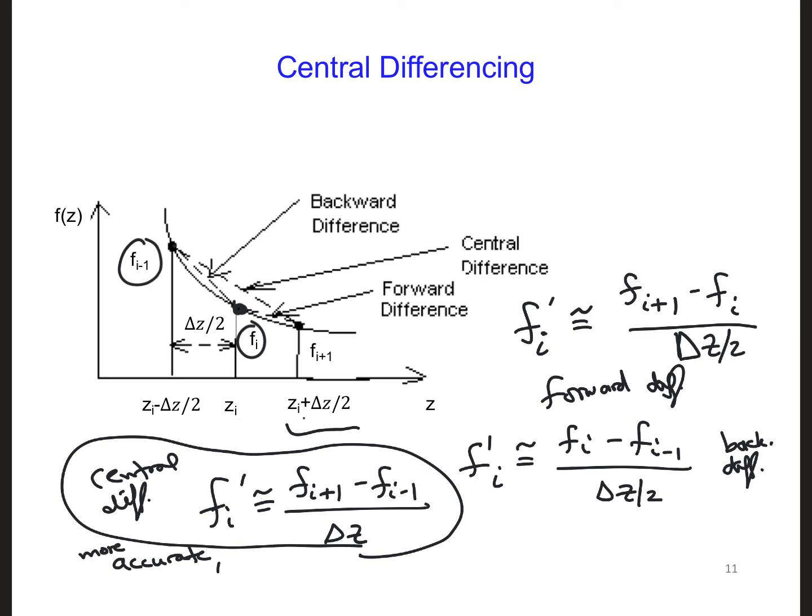And it's also still fairly simple to implement. There are certainly other approaches, higher order methods that use more points in the curve to approximate the derivative, but this is much simpler to implement. It requires fewer calculations. And so this is why FDTD uses this approach. So we're going to be using the central differencing approach.